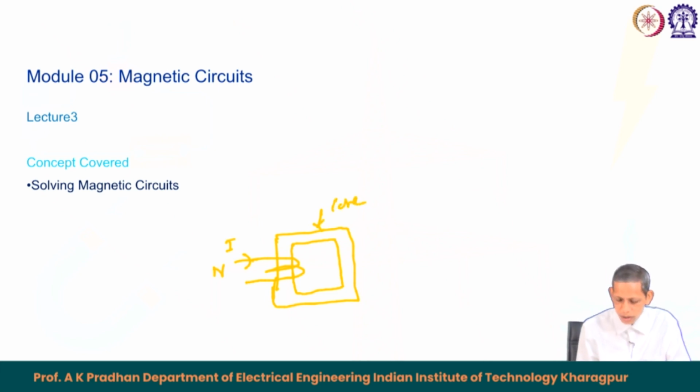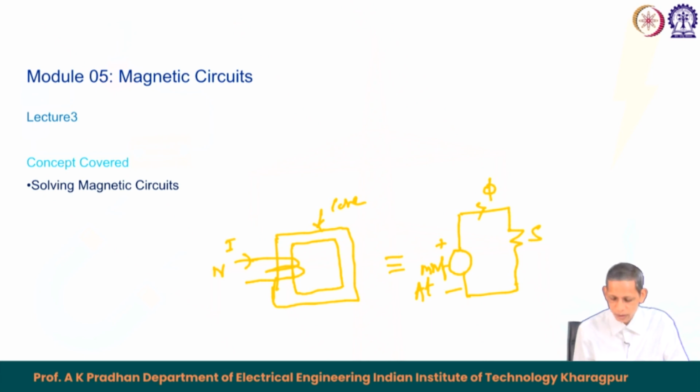So, the magnetic circuit equivalent becomes this: first, we have to draw the MMF for the magnetic circuit with the proper direction of MMF. So, this is the MMF in ampere turn, and then we have the reluctance of the path S, through which the corresponding flux goes.